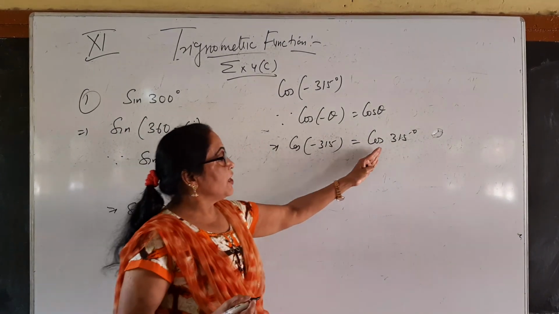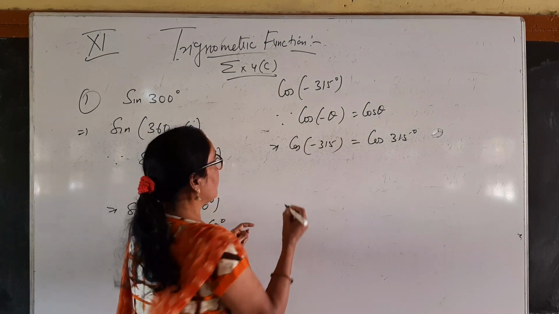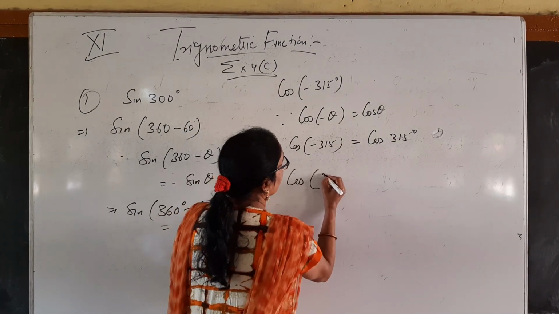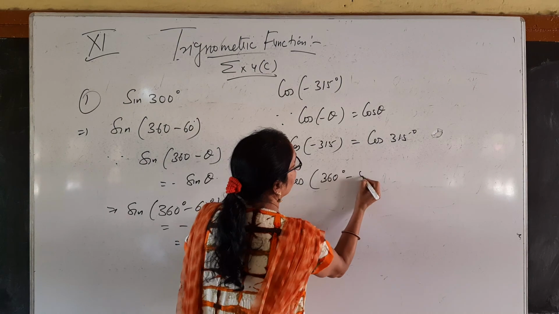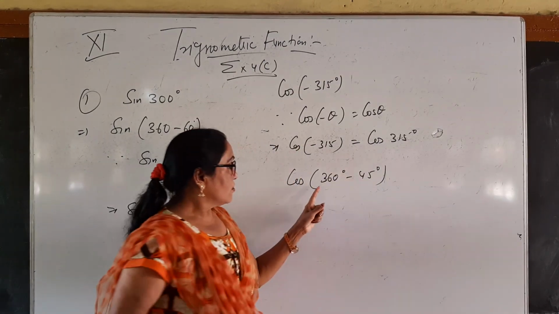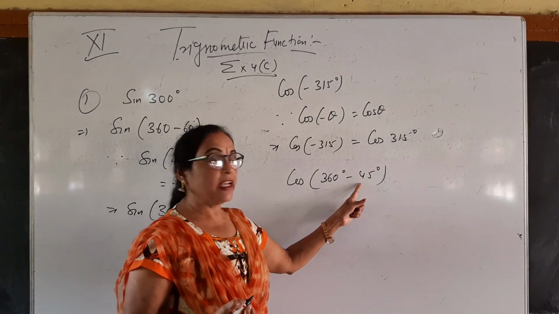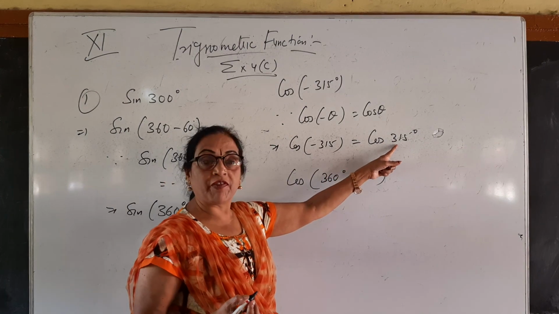Now again we are getting cos 315 degree. So we can write it like this also: cos(360 minus 45 degree), which is cos 315 degree.